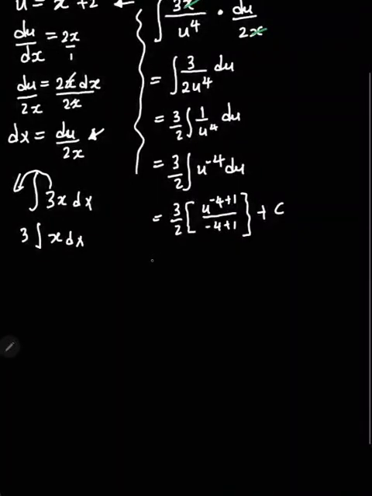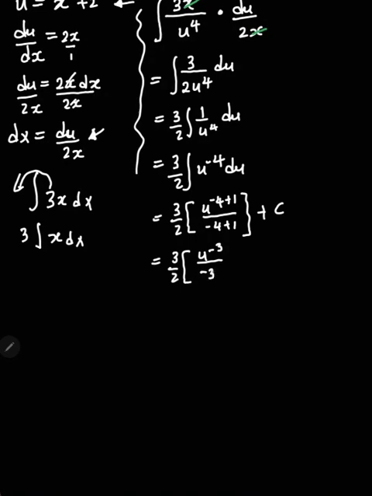Negative 4 plus 1 is negative 3, so u to the negative 3 divided by negative 3, plus c. You can see that this 3 and that 3 can cancel, but I'm going to have a negative there.